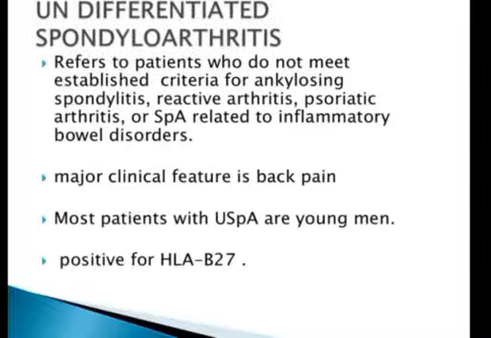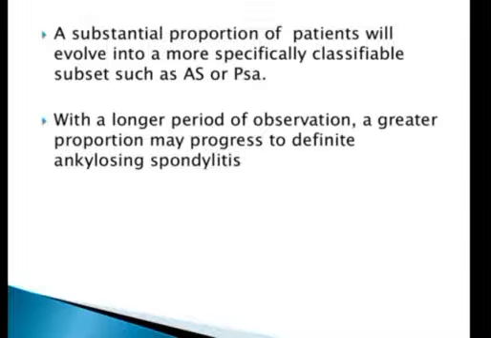Undifferentiated spondyloarthritis refers to patients who do not meet established criteria for ankylosing spondylitis, reactive arthritis, psoriatic arthritis, and spondyloarthritis related to inflammatory bowel disorders. Major clinical feature is back pain. Most patients with undifferentiated spondylitis are young men, positive for HLA-B27.